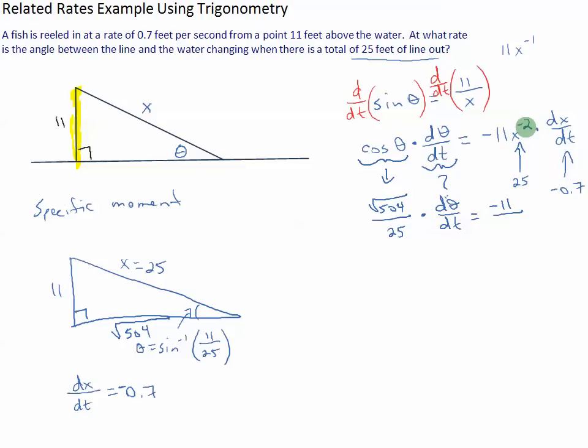25 to the negative second means square the 25 but put it on the bottom, so that'd be over 625 times negative 0.7. So for d theta/dt, all I have to do is divide both sides by this fraction or multiply by the reciprocal, so that's what I'll do. 11 times 0.7 is 7.7, and negative times negative is positive, over 625, so that's the right side, but I multiply that by this reciprocal, 25 over the square root of 504.